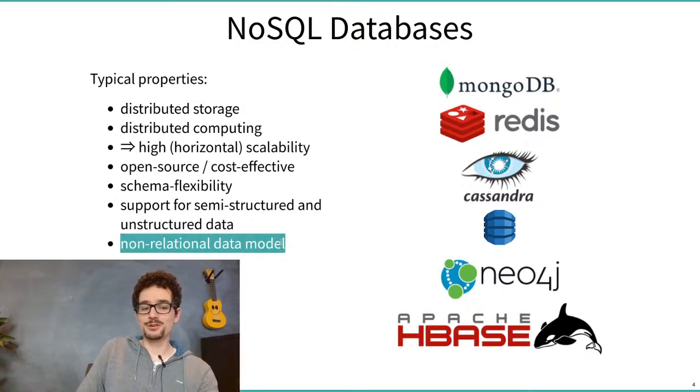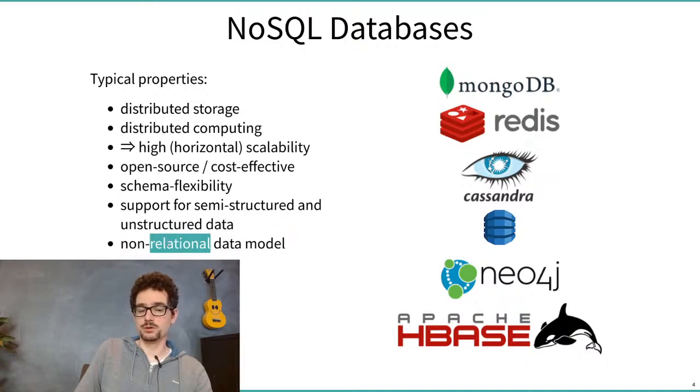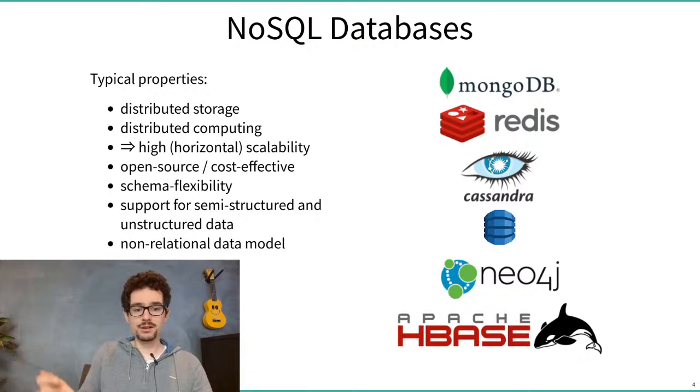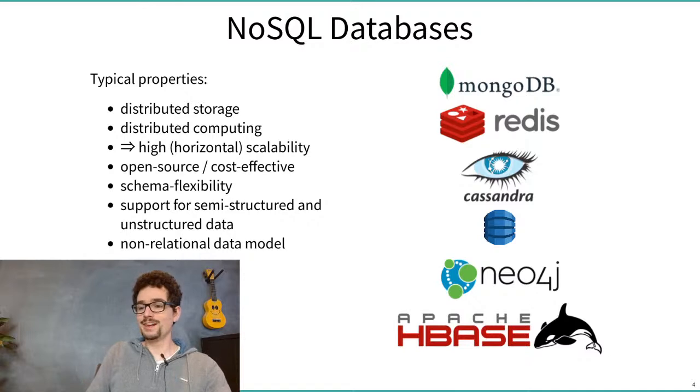A typical property, of course, is that NoSQL databases use a different data model than the relational data model. So they have another data model. Some people say the data model of NoSQL databases is much more simple than the relational data model.